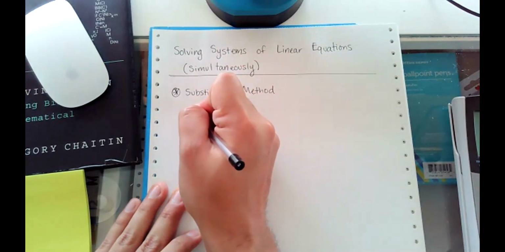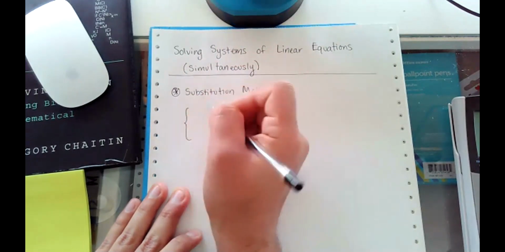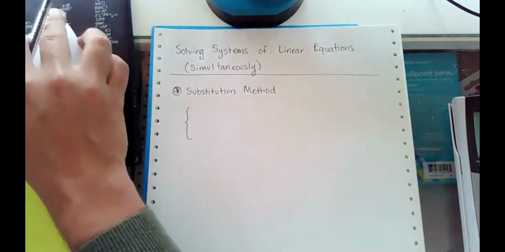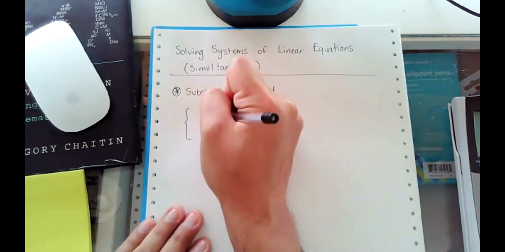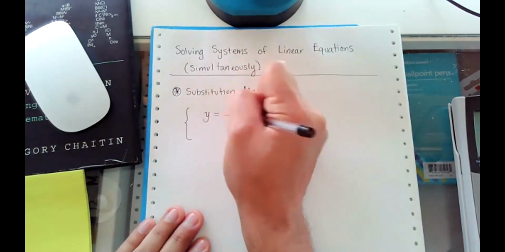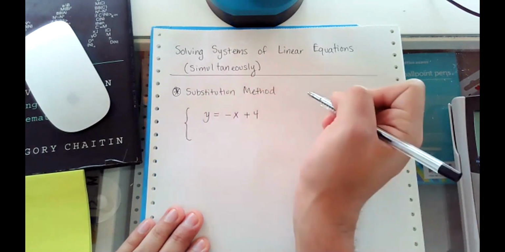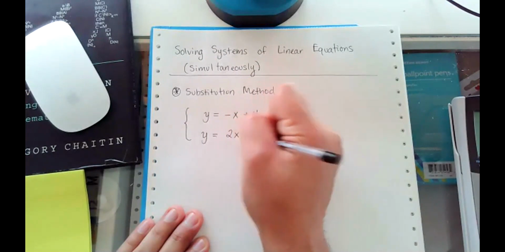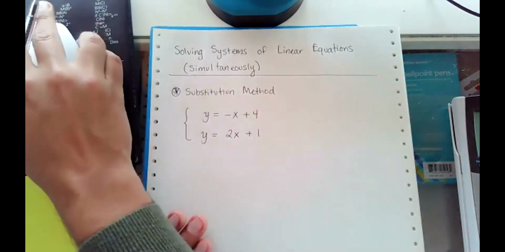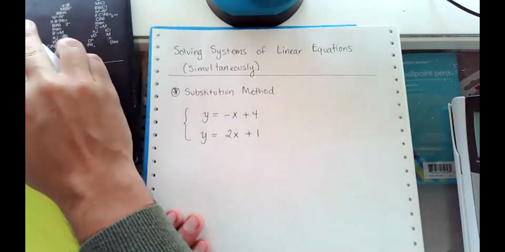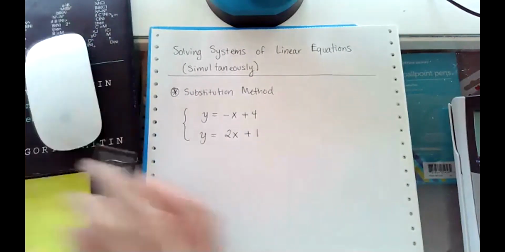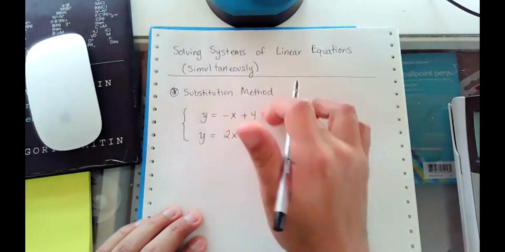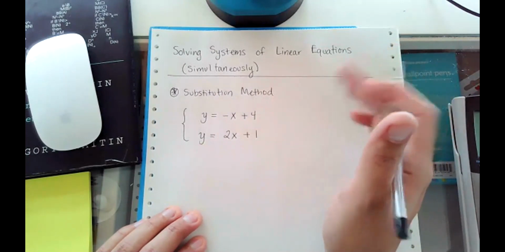A system of equations is usually written with a curly brace to connect a number of equations, but we're just going to work with two equations right now. y equals negative x plus 4, and y equals 2x plus 1. If you wanted to solve these equations, you could do this using a graphical method.